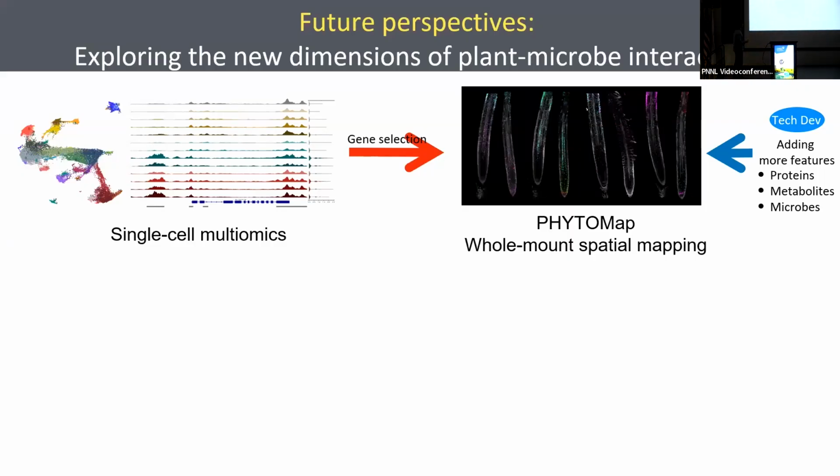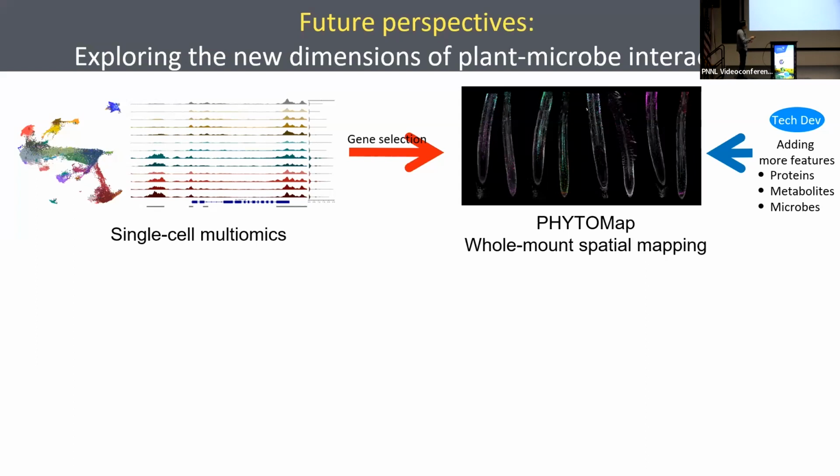Okay, so in the future, in my new lab, I'd like to combine those techniques I introduced today. For example, single cell multiomics, which will allow us to characterize cell populations and reveal potential marker genes, which can then be visualized using Phyto-map in their native context, the 3D tissue context.